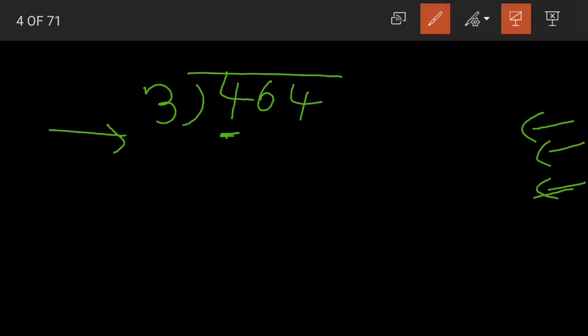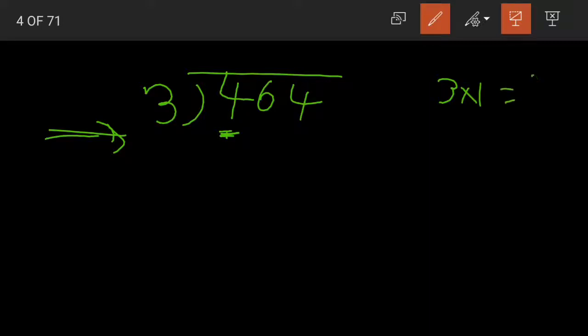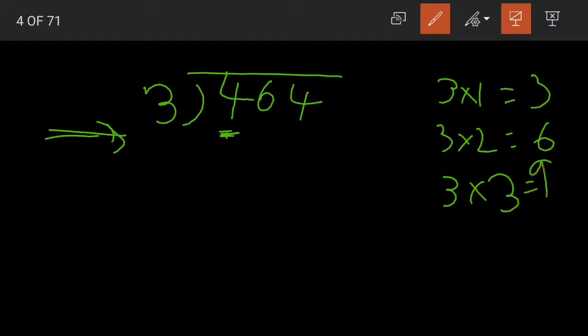But in division, we go from left to right. For doing divisions correctly, the first and foremost important thing is that you need to remember your tables, children. If you do not remember your tables correctly, you cannot do both multiplication and division.